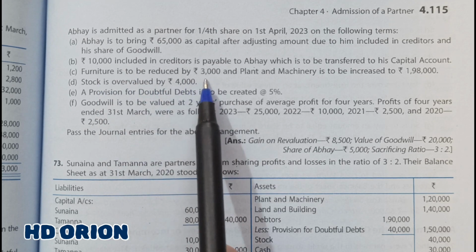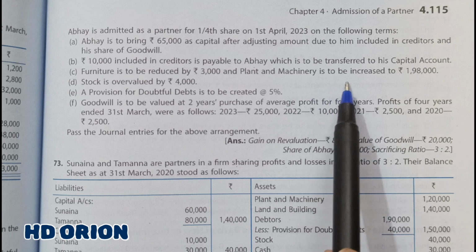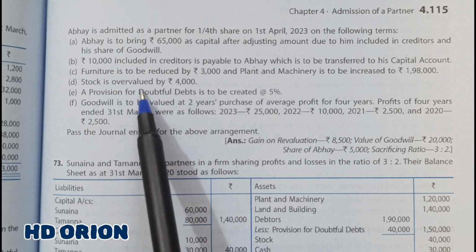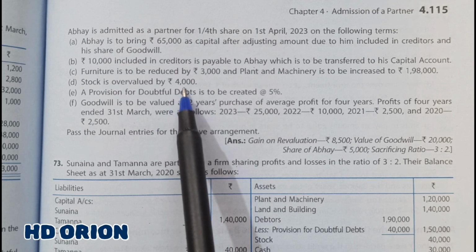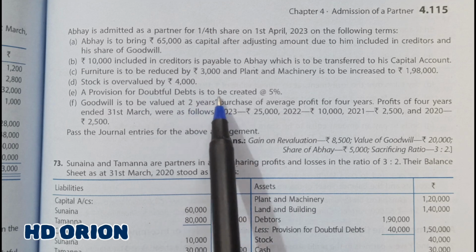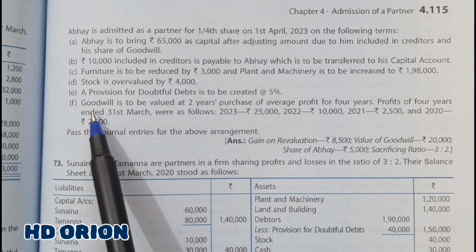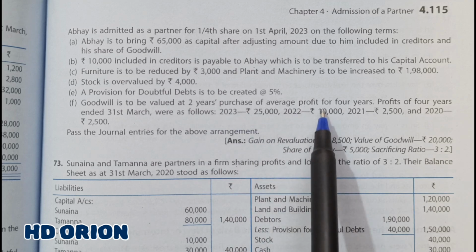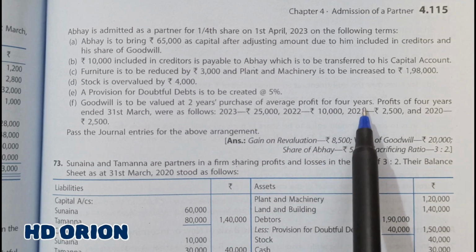Furniture is to be reduced by rupees 3,000 and plant and machinery is to be increased to rupees 1,98,000. Stock is overvalued by rupees 4,000. So we have to reduce it by 4,000. A provision for doubtful debt is to be created at 5% and goodwill is to be valued at 2 years' purchase of average profit for 4 years.